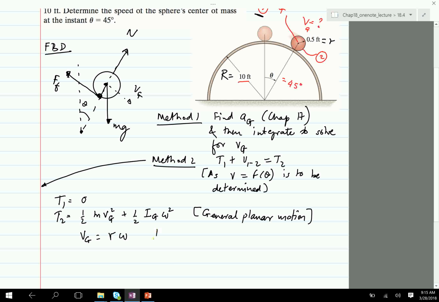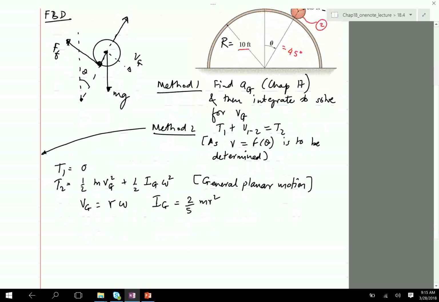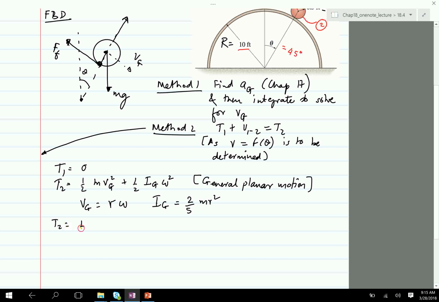What is IG? Do you know the inertia for a sphere? It's in that table. I think it is 2/5 m r squared. So we can now write T2 as half m r squared omega squared plus half times 2/5 m r squared omega squared.